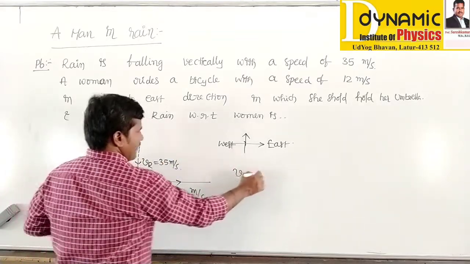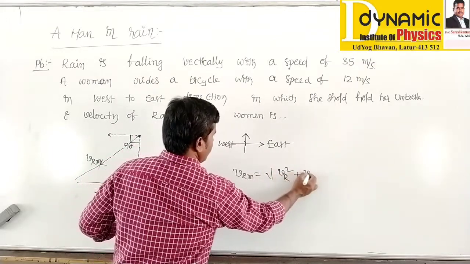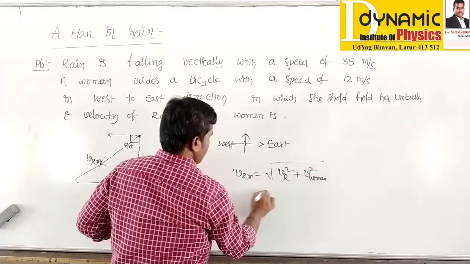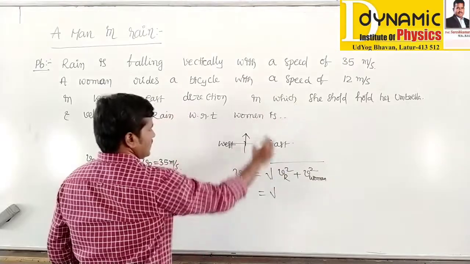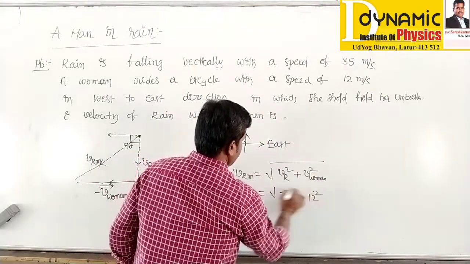Then VRM is written as the square root of VR square plus V woman square. Its value is the square root of 35 square plus 12 square.